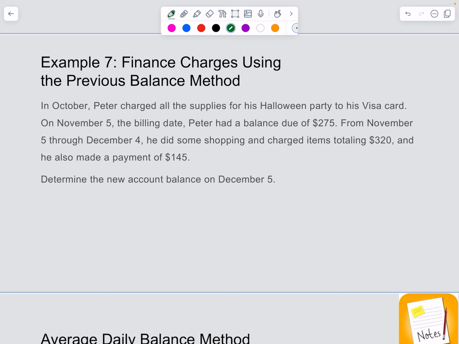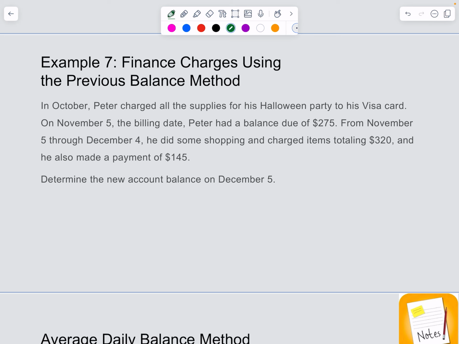Okay, so let's say the new balance. What is his new balance going to be after all of this shopping and there was a payment made? What is the new balance now? So to determine our balance on December 5th, we need to add up all the costs of the new purchases, calculate our interest, and subtract off the payment, okay?